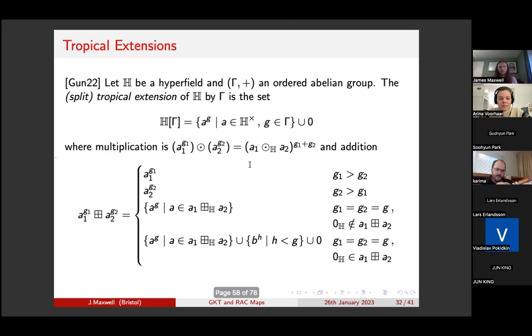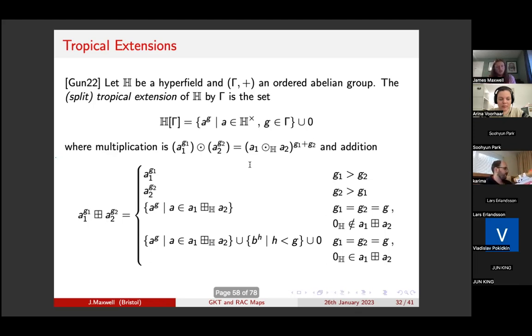I can go through the way the addition is defined, but I just wanted to present it here. The precise details aren't important, but the structure is: you can take a hyperfield and build another one by adjoining this ordered abelian group, which gives you a new hyperfield. I can talk about these in more detail later.